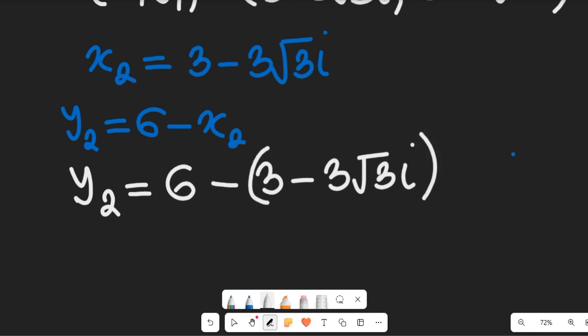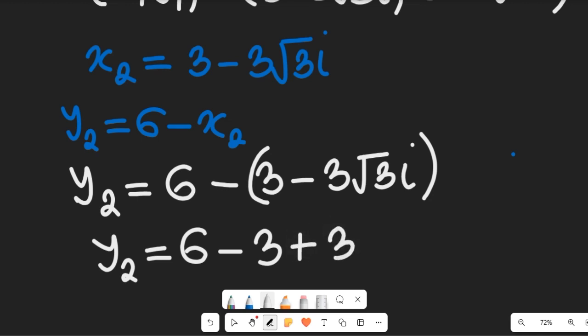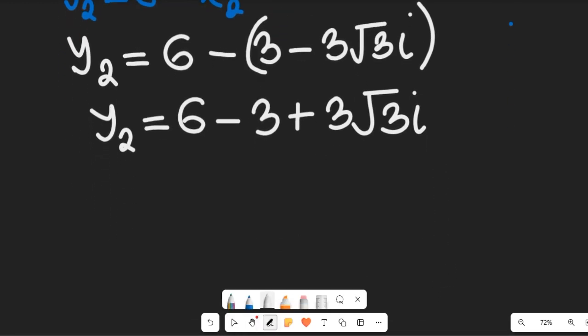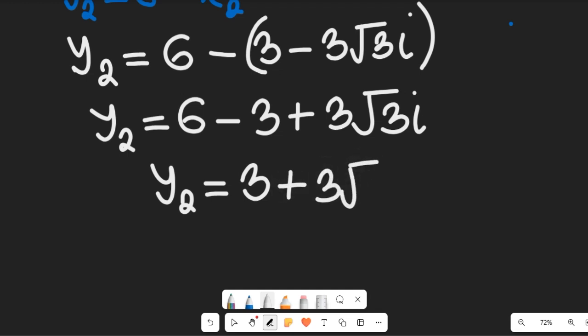So if we multiply this, we are going to have our y2 equal to 6 minus 3, and minus times minus will give us plus 3 root 3i. So the value of our y2 will be equal to 6 minus 3, which is going to give us 3, plus 3 root 3i.